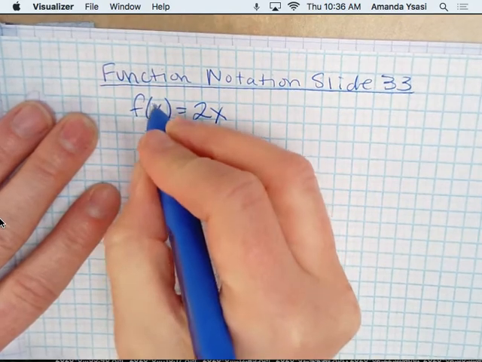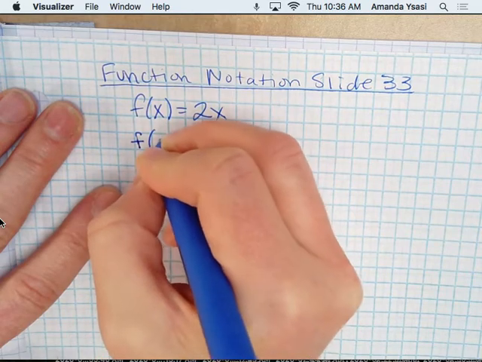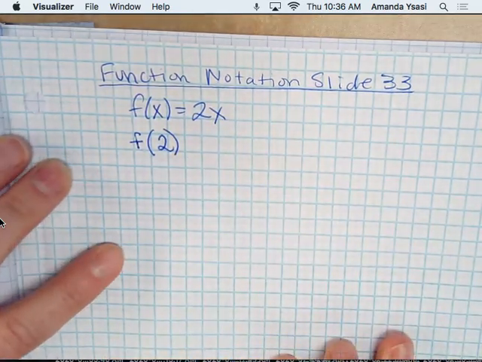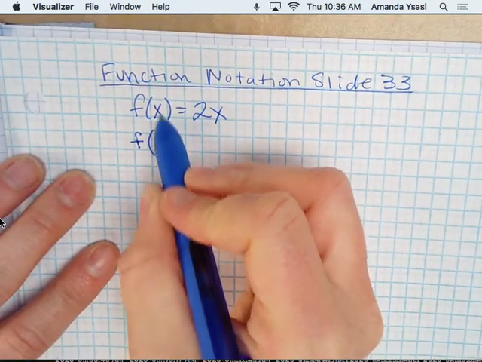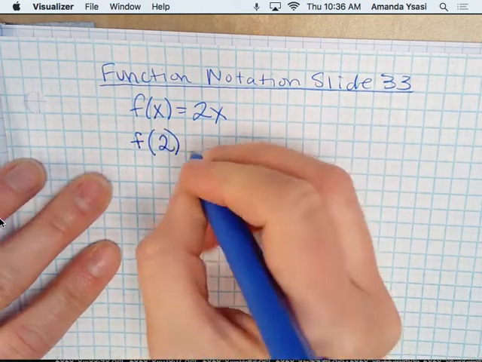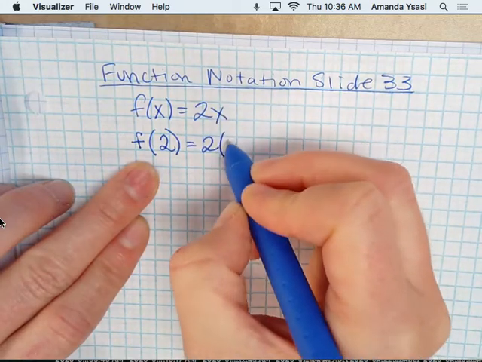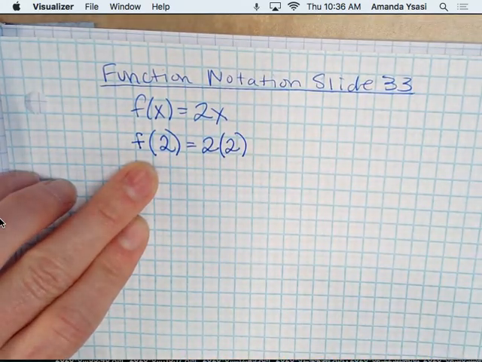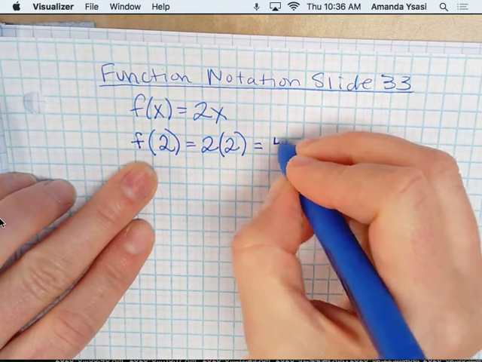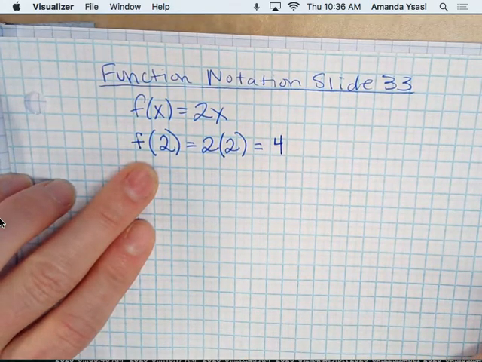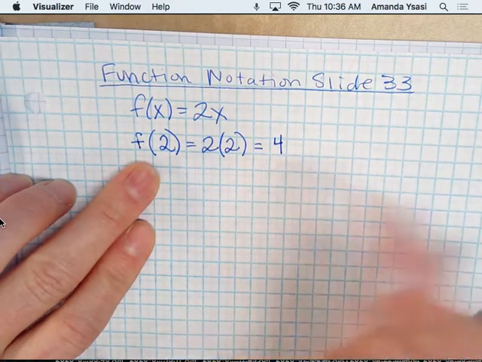So let's say that x equals 2. So see how 2 is in the place of x. Anytime you input it, put it in parentheses. So instead of writing x, I'm going to put parentheses 2. So 2 times 2 is 4. So when x is 2, f of x or y is 4.